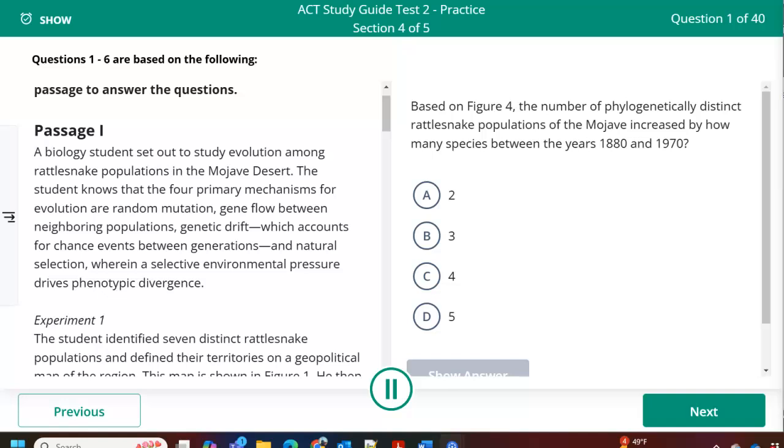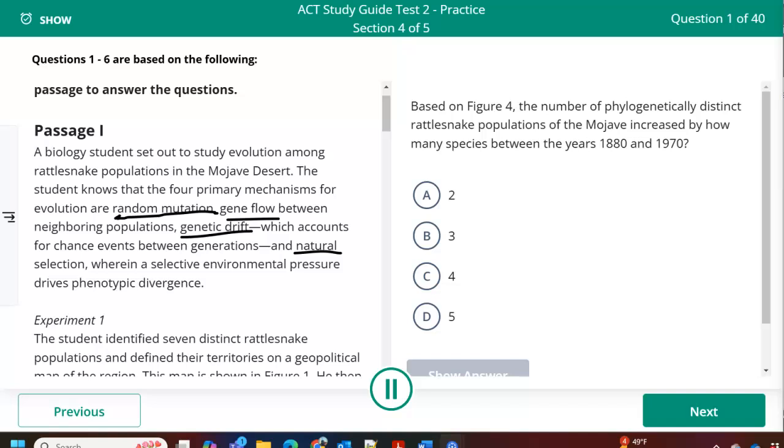A biology student set out to study evolution among rattlesnake populations in the Mojave Desert. The student knows that the 4 primary mechanisms for evolution are, you might want to underline things: genetic drift, natural selection.